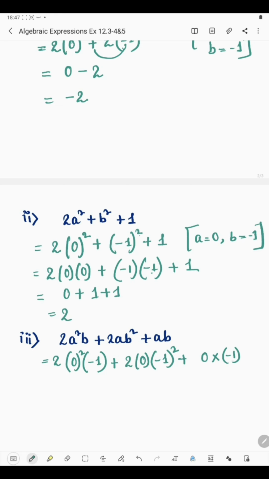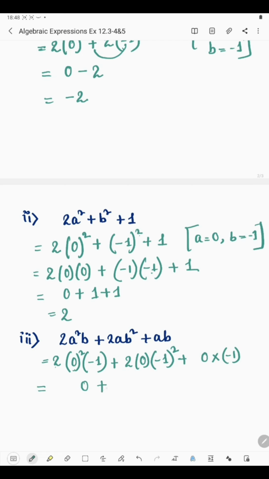Now, since 0 is present in this term, 2 multiplied by 0 multiplied by minus 1, and we know that if we multiply 0 to any number, we get 0. So we'll write 0 here. We don't have to solve in detail.